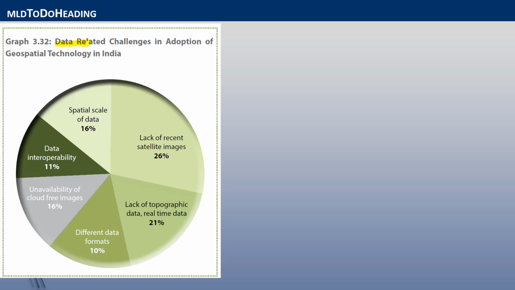And data-related challenges related to adoption of geospatial technology in India: the major ones are the lack of recent satellite images. We do not have access to recent aerial images provided by satellites, and there is also a lack of topographical real-time data, and these are also challenges.